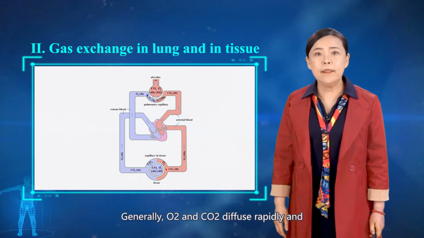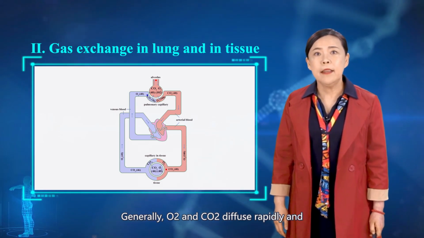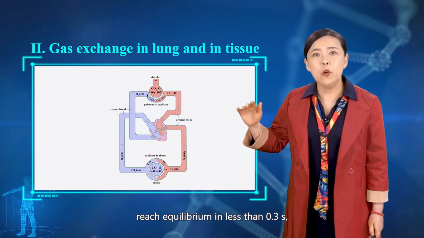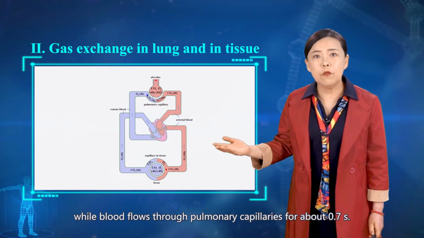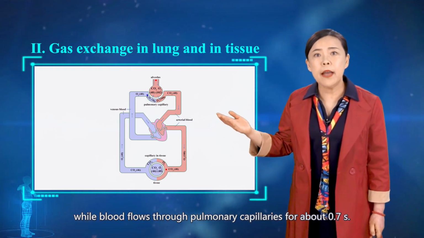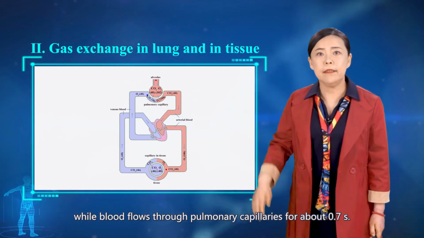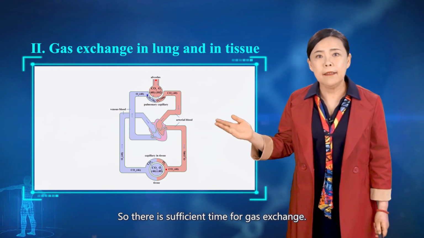Generally, oxygen and carbon dioxide diffuse rapidly and reach balance in less than 0.3 seconds, while the blood flows through the pulmonary capillary for about 0.7 seconds. So there is sufficient time for gas exchange.